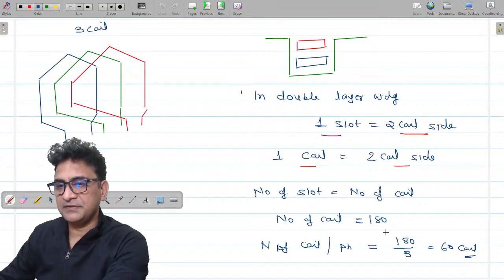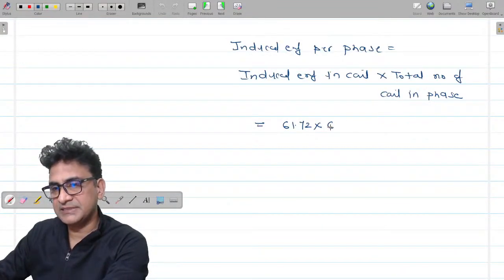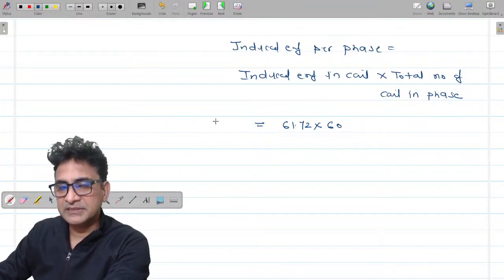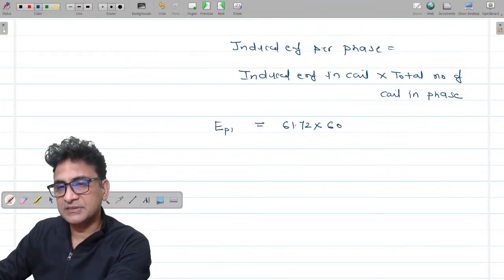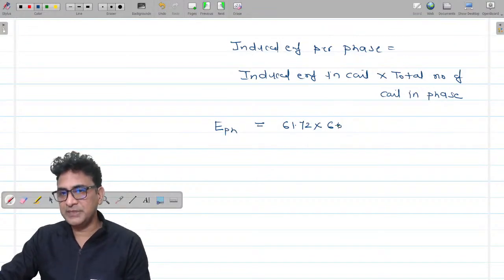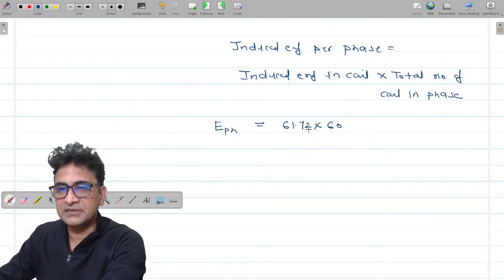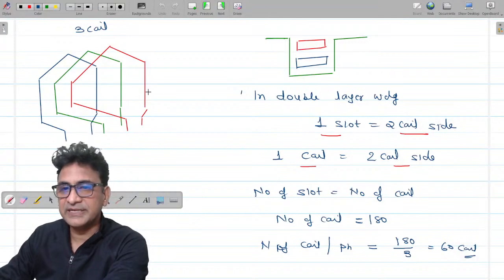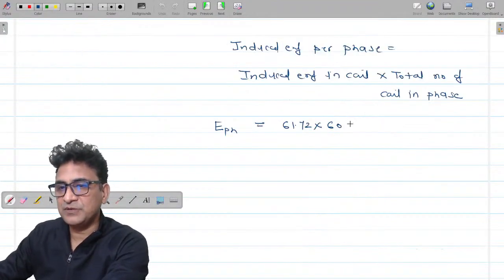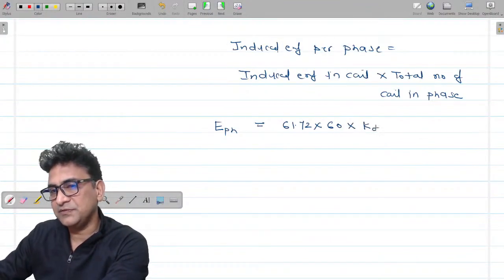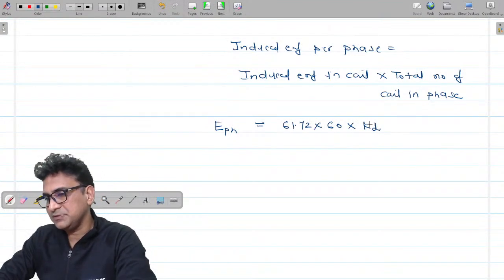Total number of coils in a phase was 60. But this is not the right answer, because it would be correct if it were concentric winding, but this is distributed winding. So we have to consider the distribution factor, and multiply this term by the distribution factor.